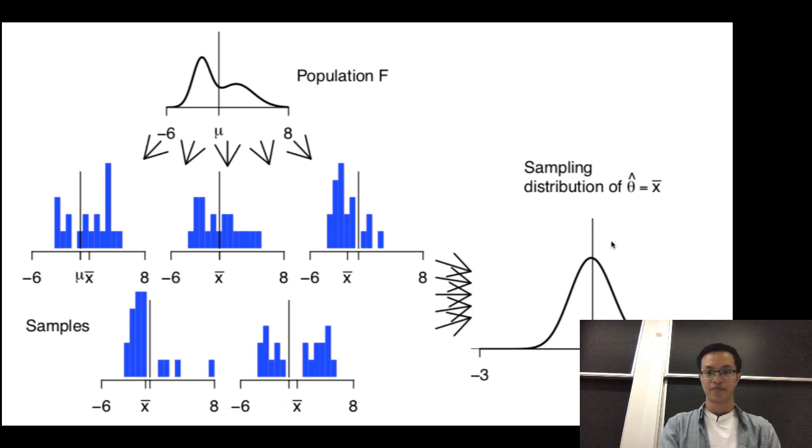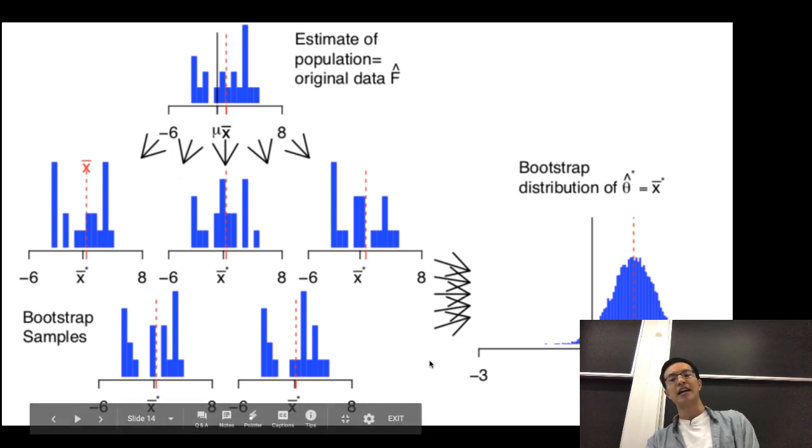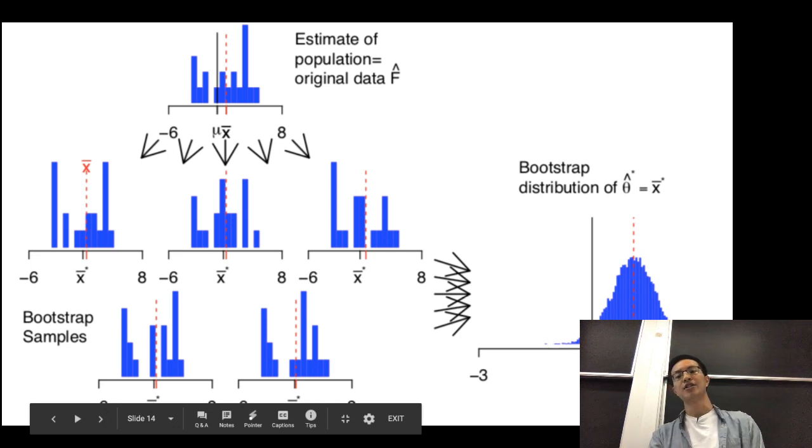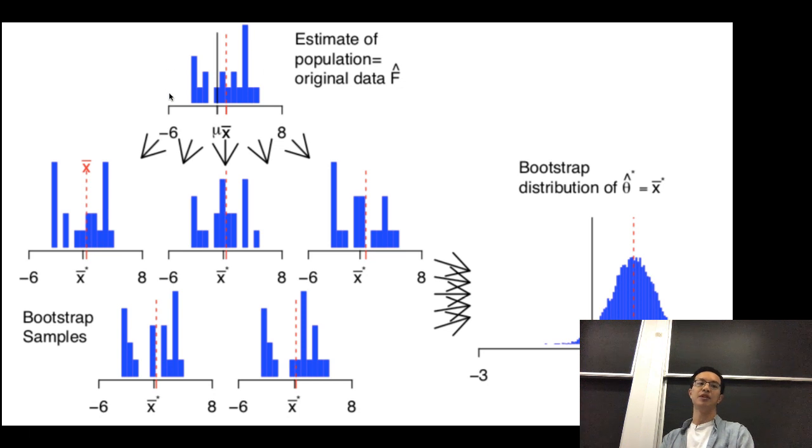Now the thing about the bootstrap is that right here, what we have is 1 sample. I can bootstrap this sample by resampling it with replacement. When I do that and draw the distribution, I notice that the distribution is not actually centered at the population mean. The reason is that if we pretend that my sample is the population and we're drawing from our sample, then all of my estimates will be close to my sample mean and not my population mean.